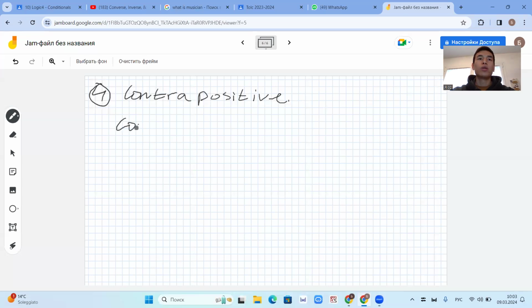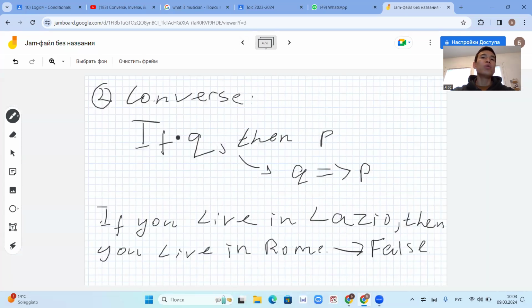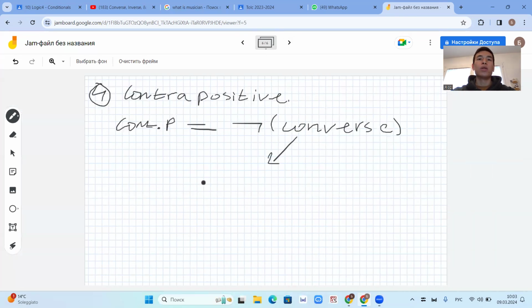Let me write. Contrapositive equals negation of converse. What was the converse, guys? We wrote it here. Converse was if Q, then P. Q implies P. So let me rewrite it.